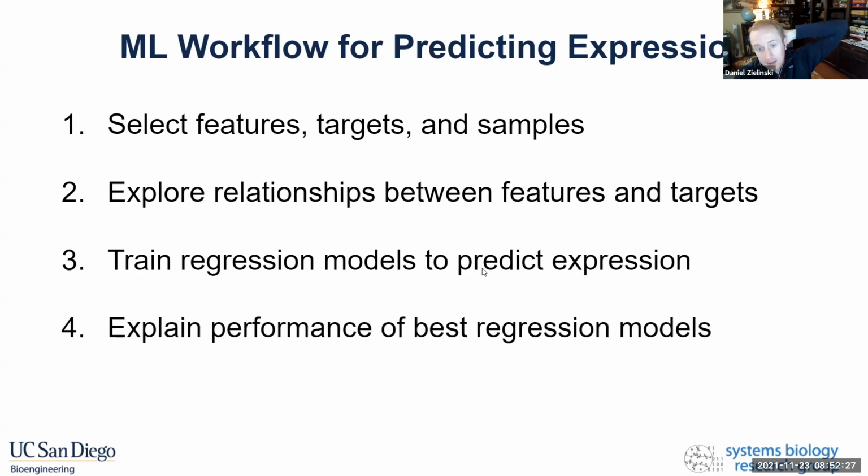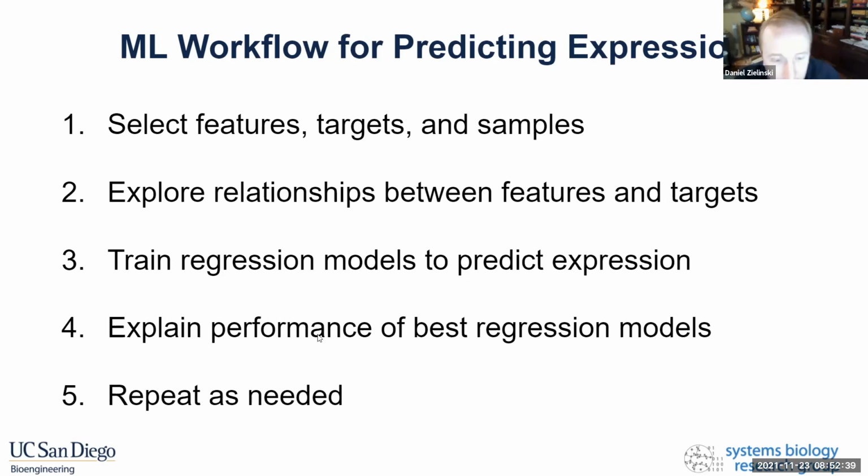And then, as I mentioned, we like to build white box models, not black box. So we always look to explain the performance in terms of the most important variables and see if they're biologically meaningful. And then repeat this. If the performance isn't good, we go back to the drawing board and see if we need to find new features, or if there's something wrong with the data set. We go into a debugging phase to understand how we can improve the model performance.